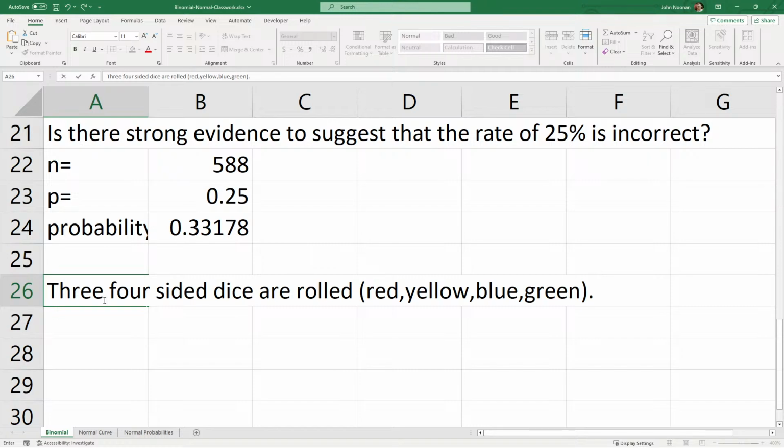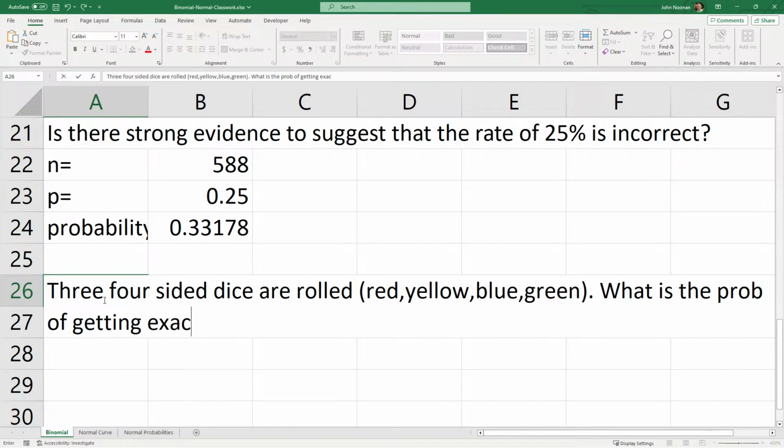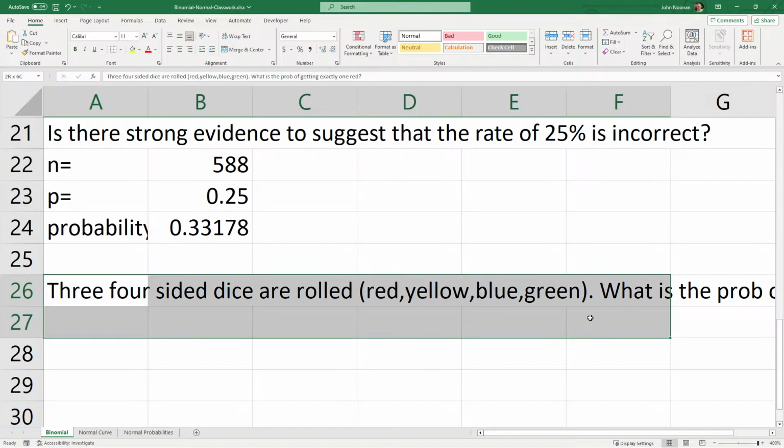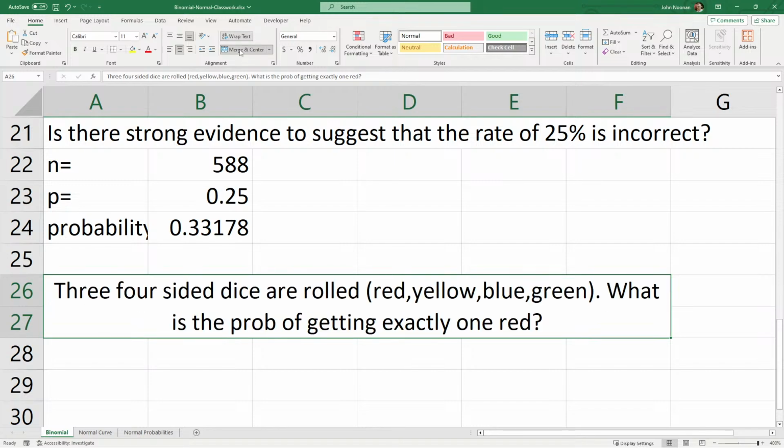And I want to know, what is the probability of getting exactly one red? All right, if you've typed that in, great. If you haven't, don't worry. I will upload what I have eventually. Let me just merge and wrap the text there.